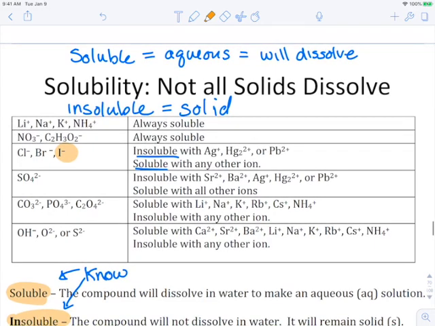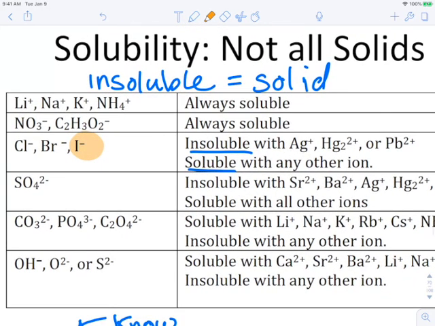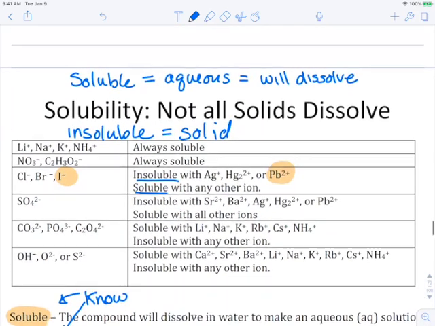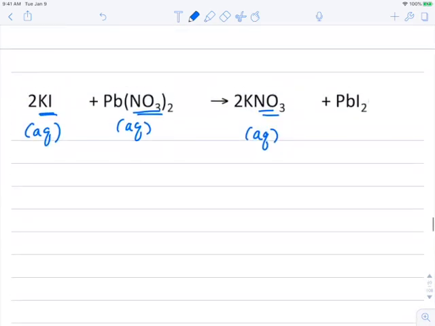And let me zoom in for us. All right, silver, mercury 1, or lead. And there's the lead that we've got. Since we have lead, iodide is now insoluble, which means a solid. So that's how we would know that PbI2 is indeed a solid. So any questions on how we came up with any of those states?